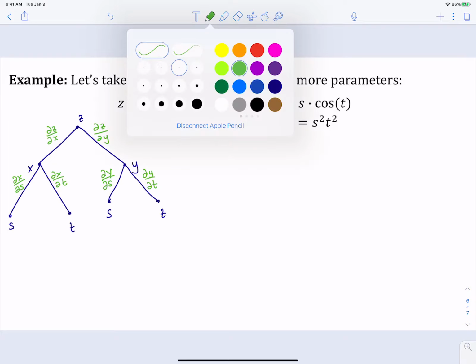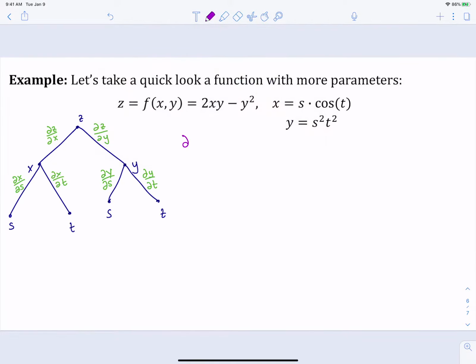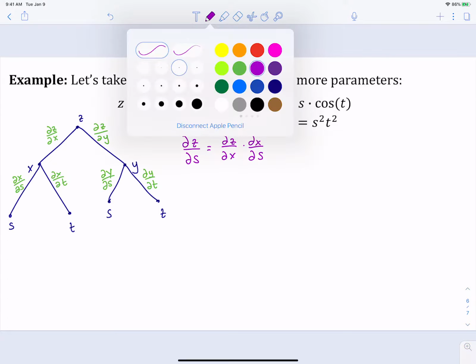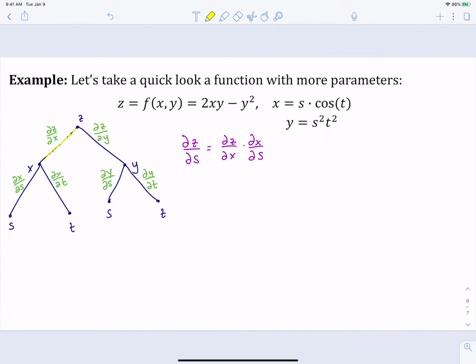So we can find the partial derivative of z with respect to s. And here, everything's going to be partials because everything is in terms of two variables. We only get to use that regular d when it's just in terms of one variable. So this is going to be our partial of z with respect to x times our partial of x with respect to s. So again, we're just following along our tree branches till we get to s.